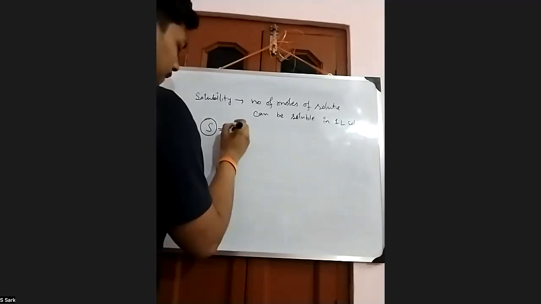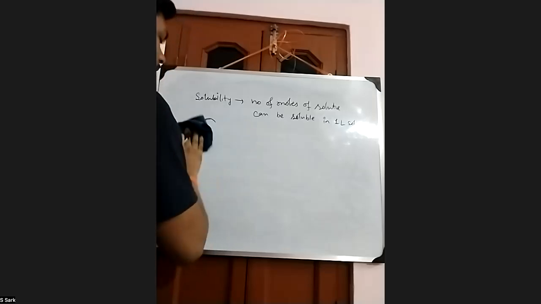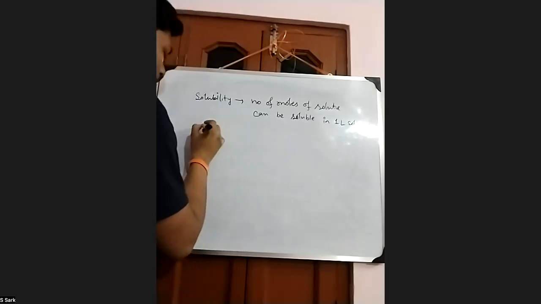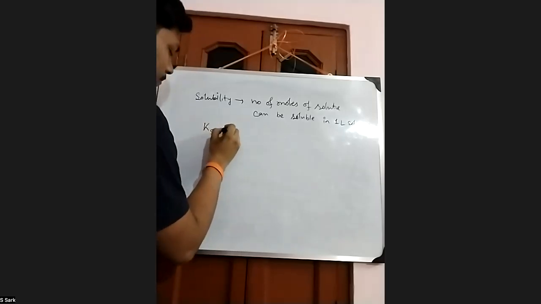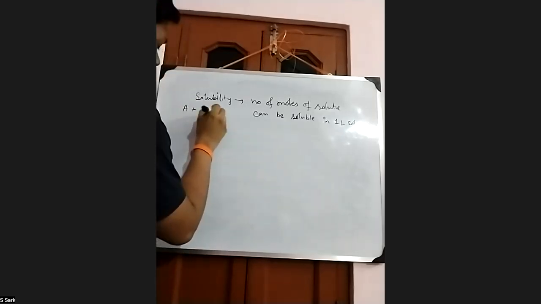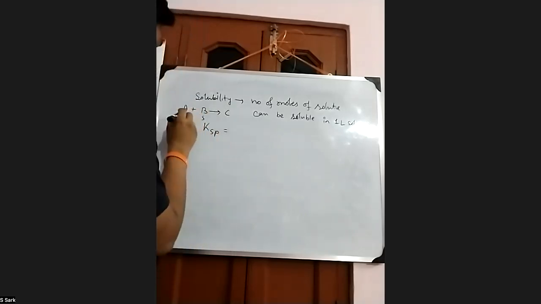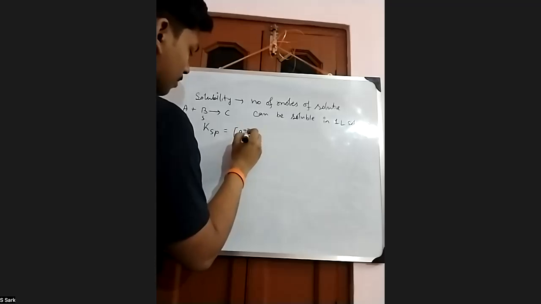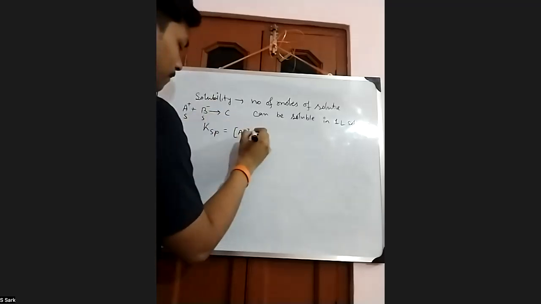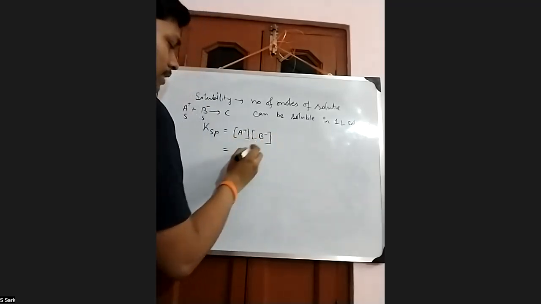and when we count the solubility product, which is KSP, then if we take a reaction, solubility of A and B are S. So the solubility product will be the concentration of A plus into the concentration of B minus, and the solubility is S for both.